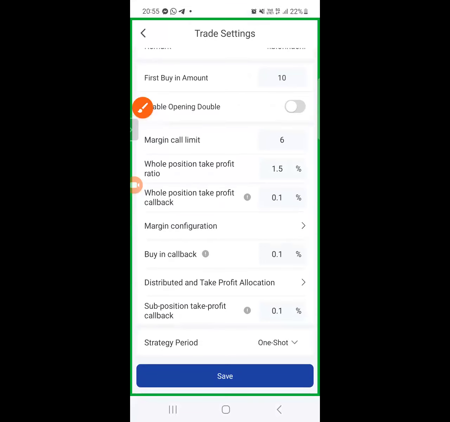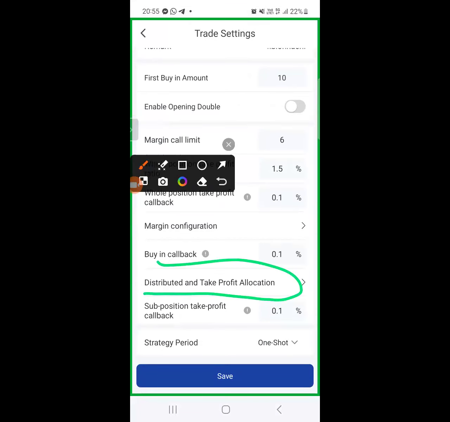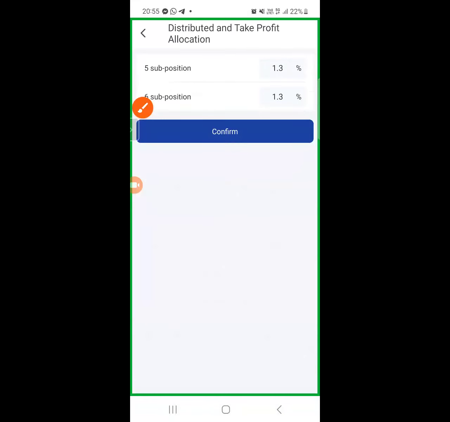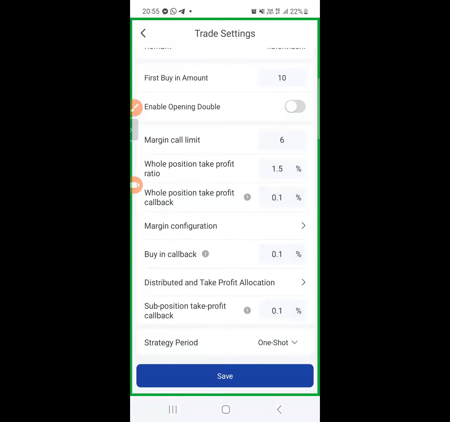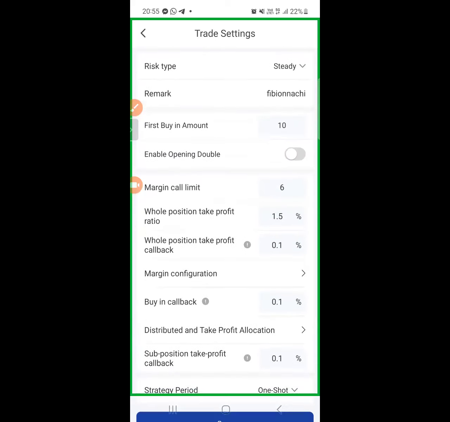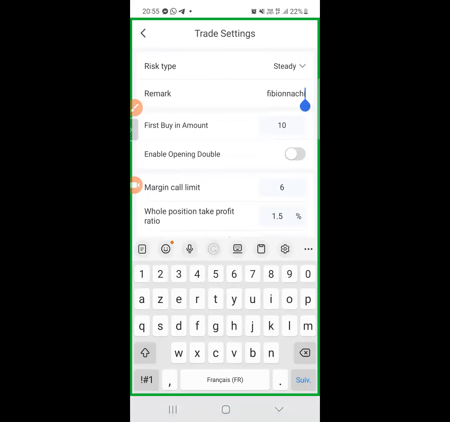And the same applies to this distribute and take profit allocation. You leave the default settings like that, but if the coin goes deeply down against your direction, then you come and increase here to 1.5 or even 2% for you to enjoy the sub sell. So here the total amount, the Fibonacci strategy, we put 200 capital.